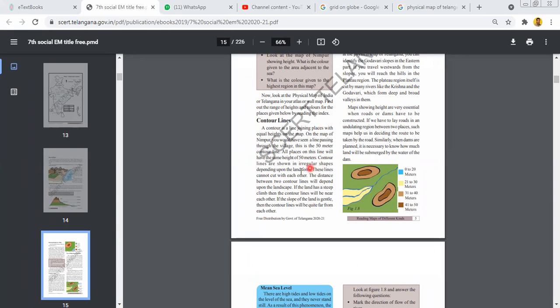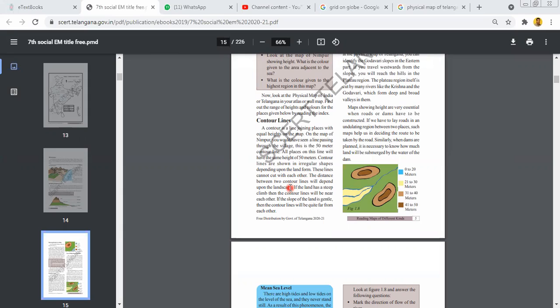So contour lines are shown in irregular shapes depending upon the landforms. Sometimes contour lines are shown very near, and sometimes a little bit far away from each other. It depends on the slope of the land.